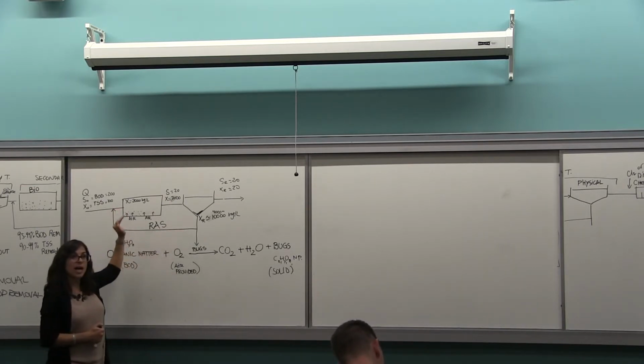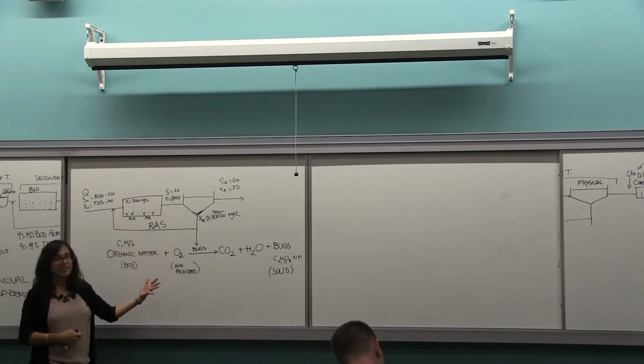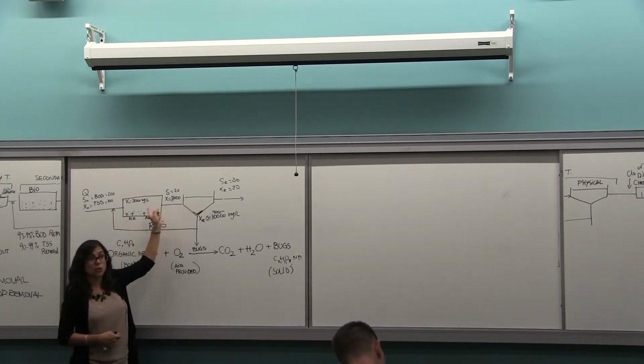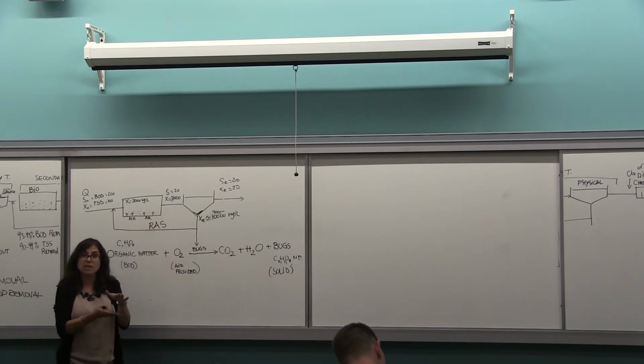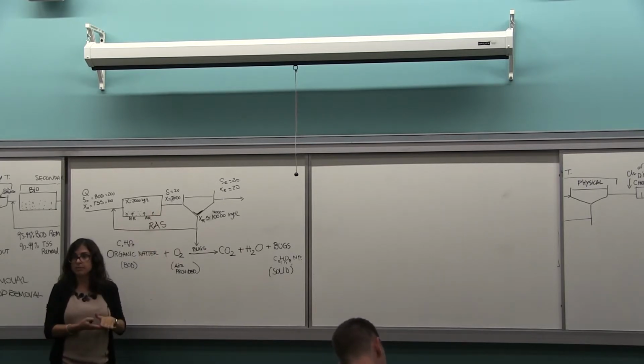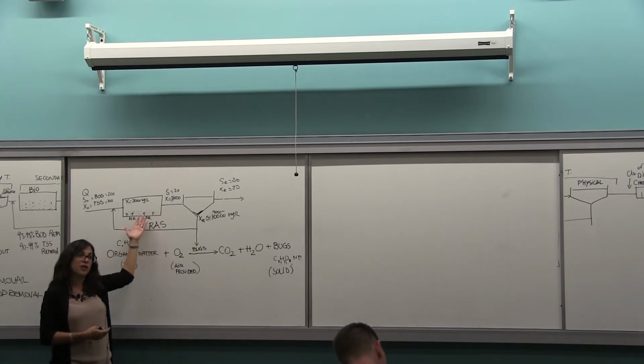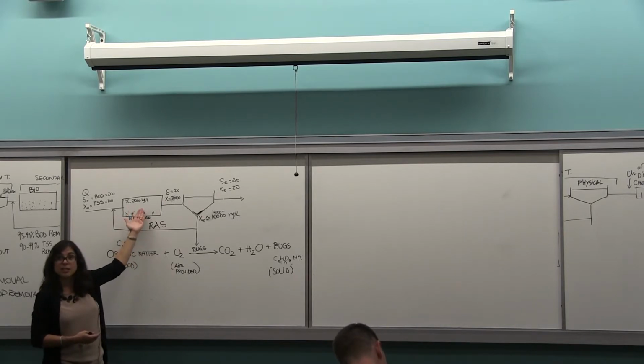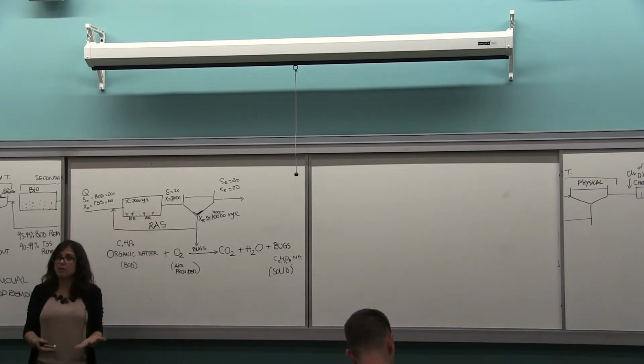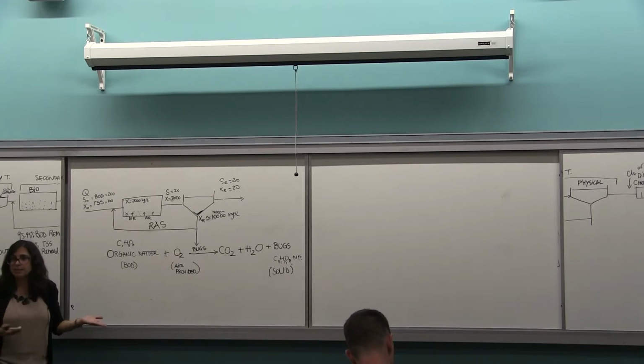We don't want to accumulate too much, because if the concentration grows too high, you will not be able to physically separate it. So you can have a very fast removal here, but if I cannot physically separate it at the end, it doesn't make much sense.